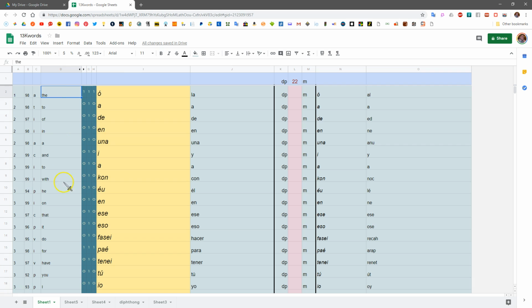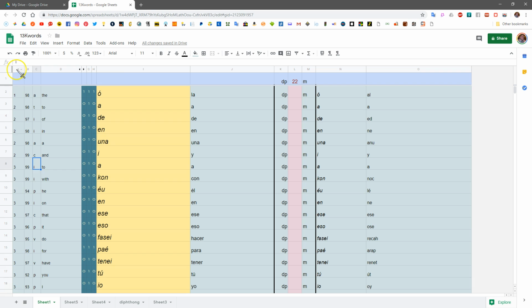The word "the" is the most common word, which in this language is "la" in Spanish, but it's just two. And then you get these, which are pretty common words.